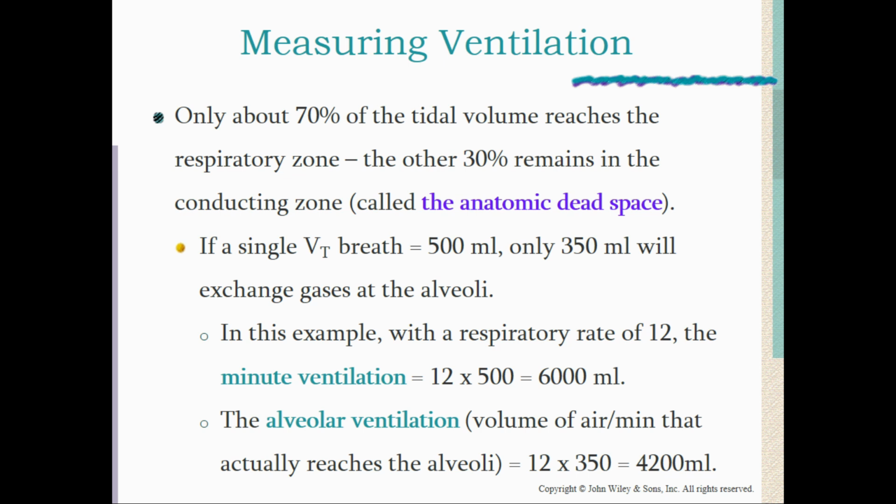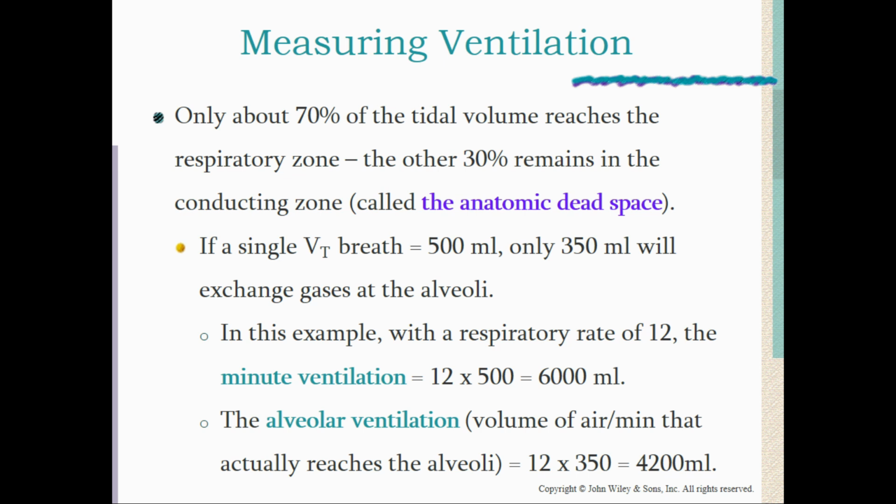The minute ventilation is 12 times 500. So in a minute of just normal, quiet eupnea kind of breathing, you're going to exchange about 6,000 milliliters, or for those of you who can navigate through the metric system, 6 liters of air in that 1 minute.